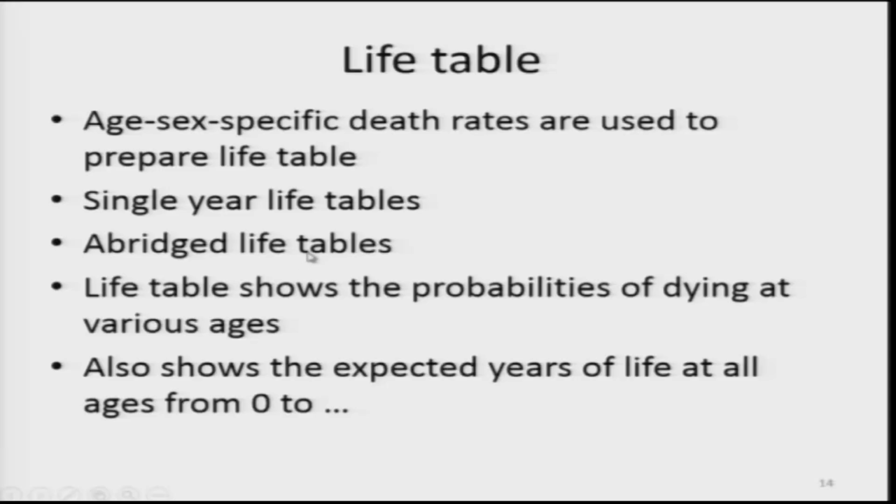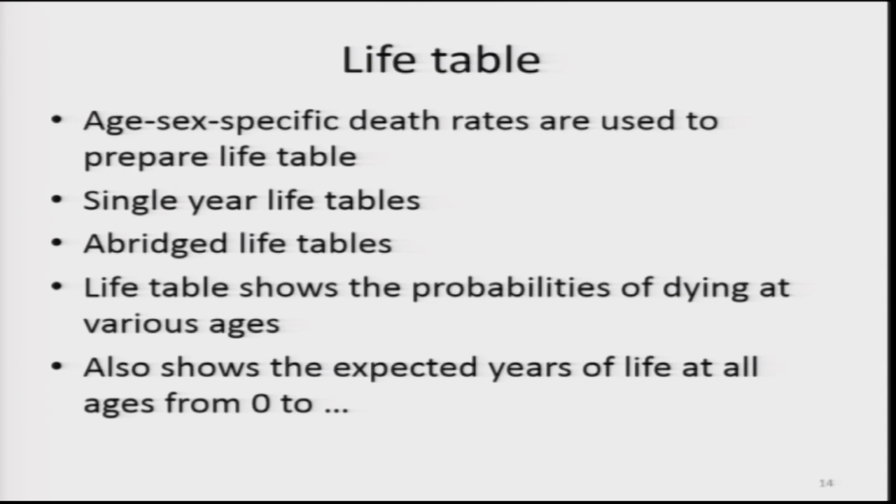So, life tables can be made for single year age group or single year ages. Such life tables are called complete life tables, and when life tables are made for age groups, 5-year age groups, 10-year age groups, usually 5-year age groups are used, then the life table are called average life table.